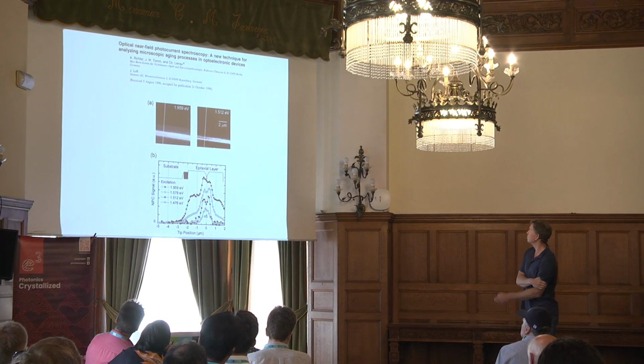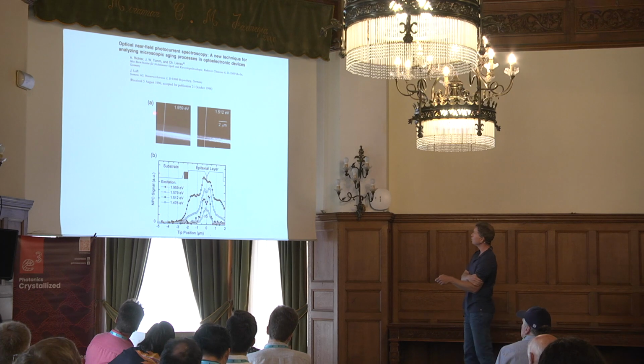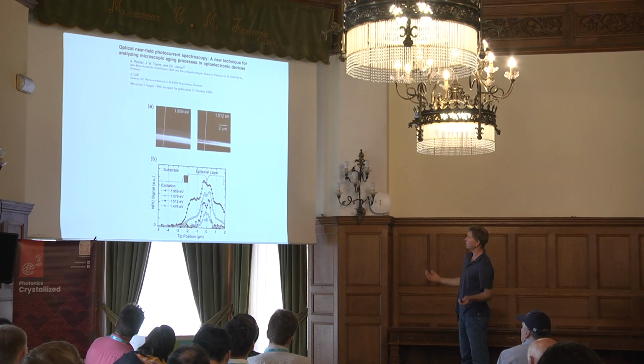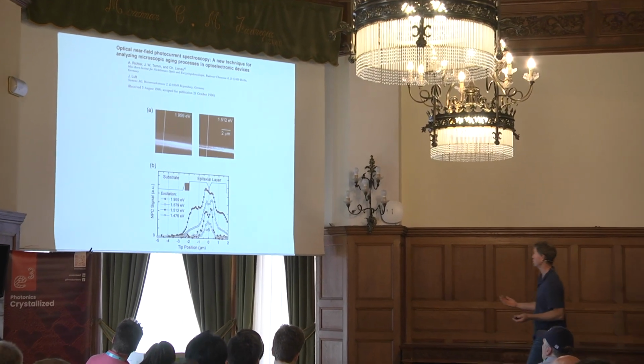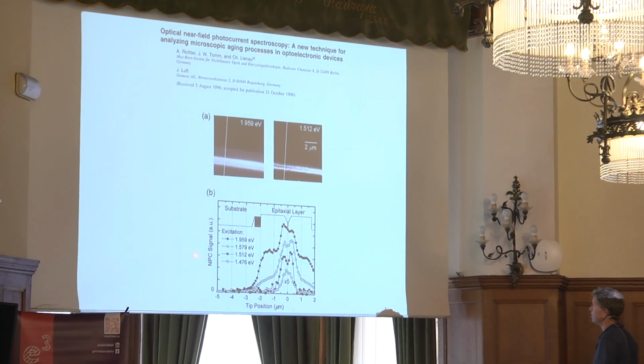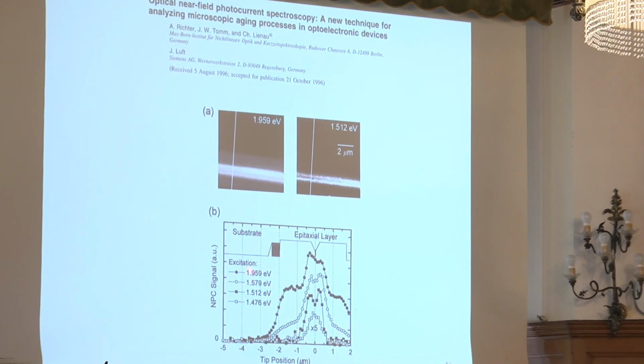It was already done back in 1996, mostly with visible light, and it was initially used to look at solar cells, okay, to understand how currents and voltages are generated in solar cells, right? Here is work from 96, where they look at spectra. So they use different excitation energies and then try to understand at which location photocurrent was generated.